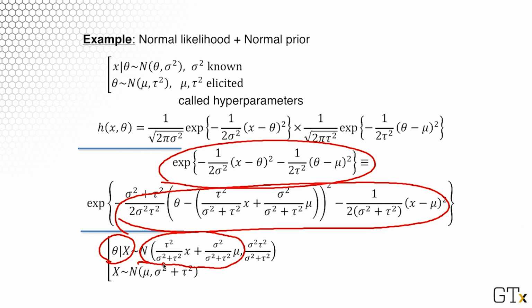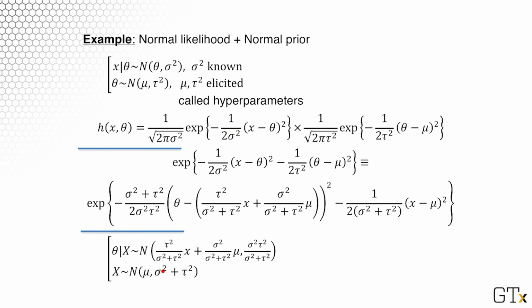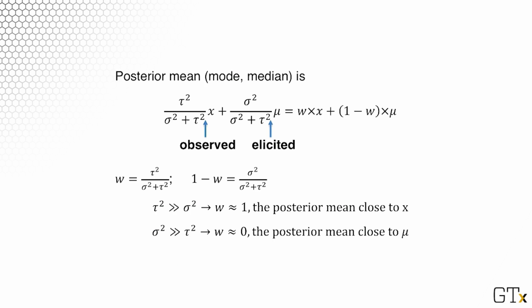You see that this mean is compromising what you observed, x, and what you believe, mu. Now the weights of what you observe and what you believe are summing up to 1. And they depend on the variability, which is how sure are you about x and how sure are you about mu. So x is observed and mu is elicited. You get the weight w and weight 1 minus w, combination of x and mu. So you compromise between what you observe and what you believe.